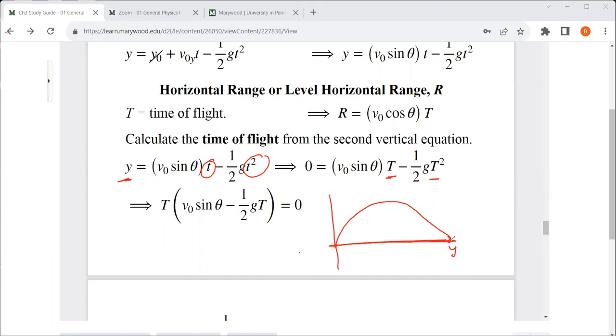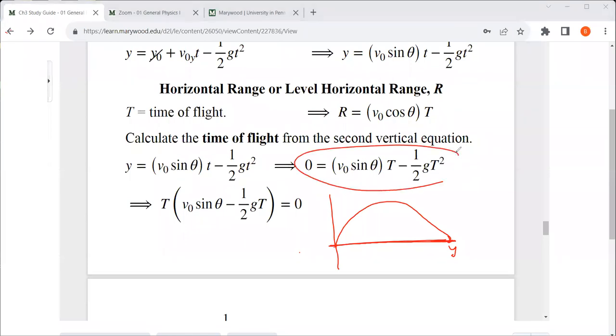Because it is on the ground, y equal to 0. Now if this is 0, we get this equation, and if I simplify it, I get something like this.